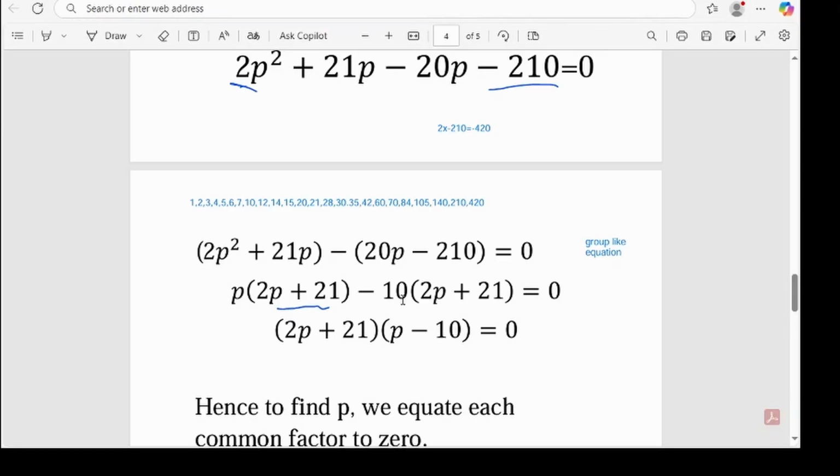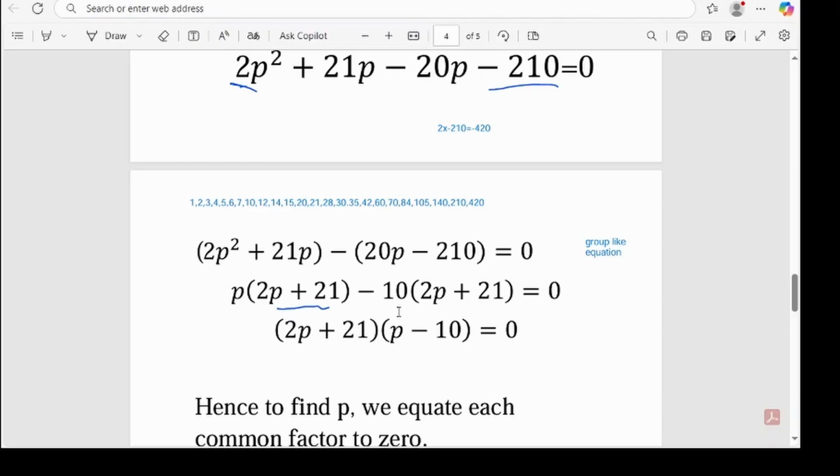It is 10, right? So negative 10 multiplying gives you 20p. And which number would you multiply by 21 to get 210? The same 10. So this 10 is the perfect number that multiplies the common factor.